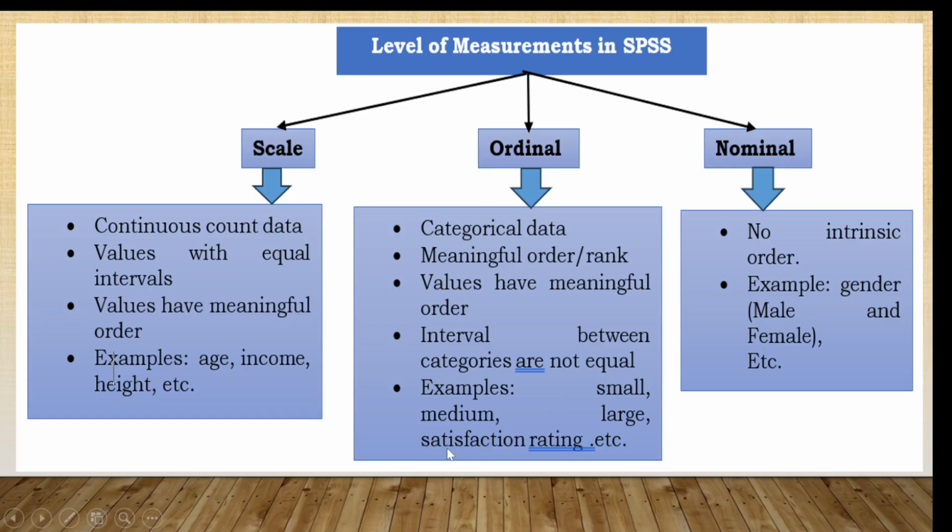Another example is satisfaction: highly satisfied, satisfied, and not satisfied. You'll find that this is a rating. Such type of data is ordinal data. We're going to discuss this data when we look at the Likert scale.